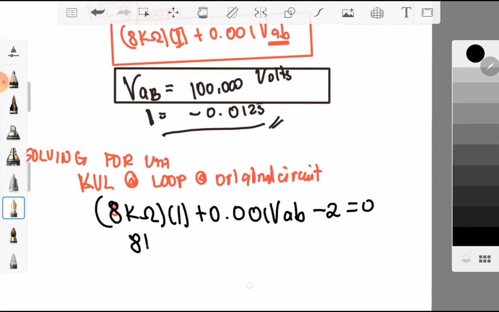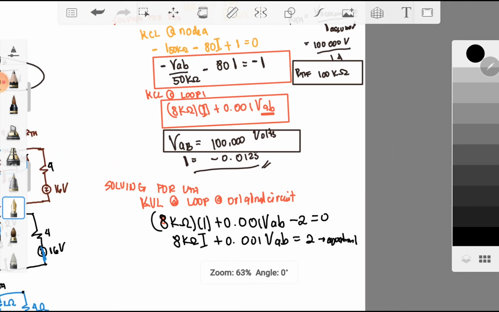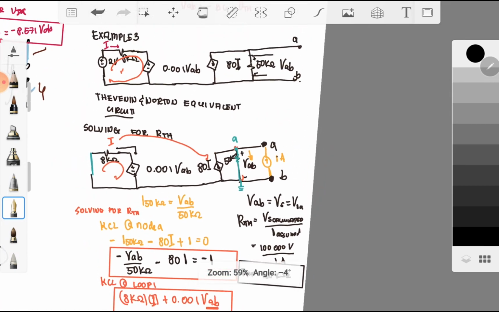So we have 8 kilo ohm I plus 0.001 VAB is equal to 2. That will be our first equation, equation 1. And then our equation 2 will be syempre at the other node, right?